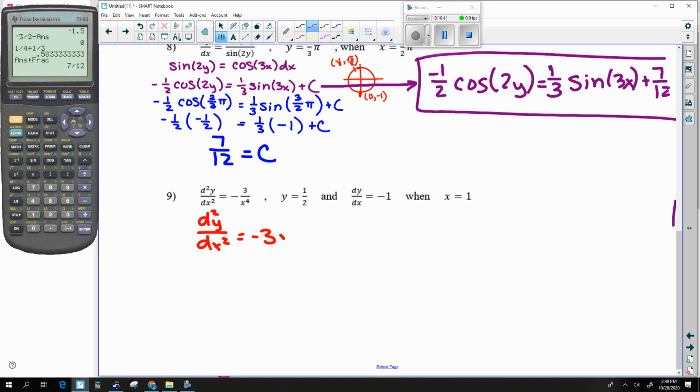So this is -3x to the -4. Okay, here we go. So the first antiderivative takes us to the first derivative. This is going to go -3, which is already there. Cool, plus c.